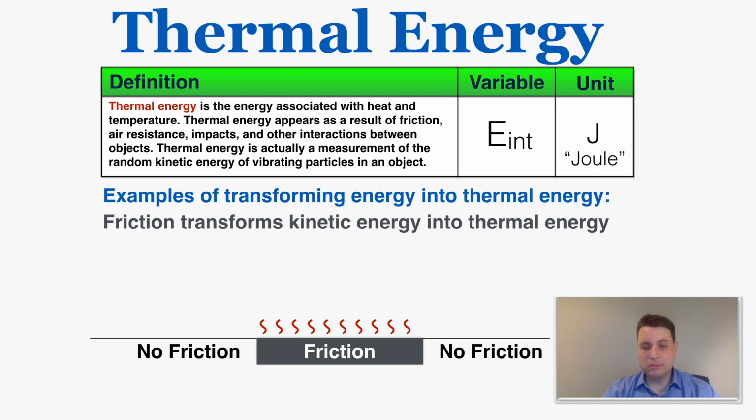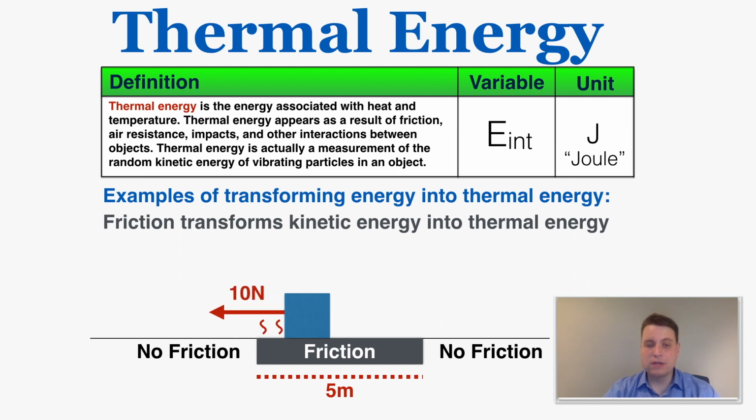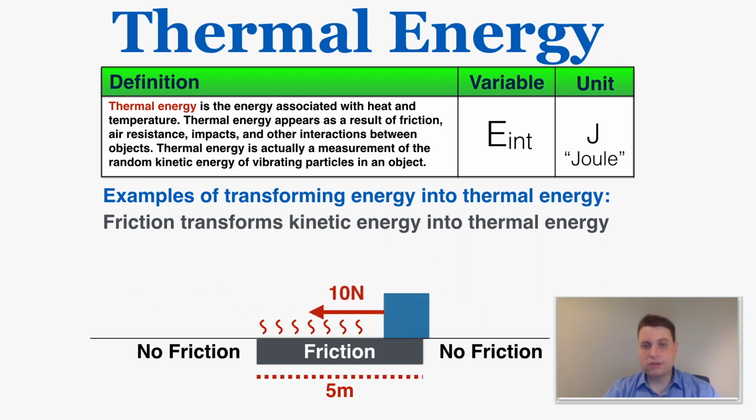We can calculate the specific amount of thermal energy that's created using friction, because friction creates thermal energy. So as an example, if this frictional surface is 5 meters long and it applies a 10 Newton force of friction back on this object, I know that the work done by friction is equal to negative 50, 10 newtons times 5 meters, and the two things are pointing in opposite directions, so the work is negative.